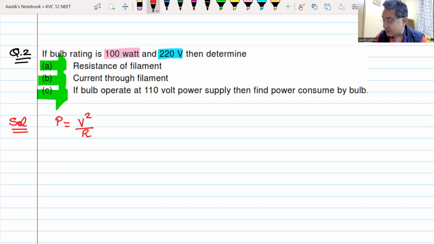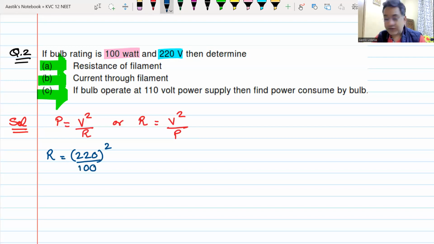V square by R. Or I can write this formula as resistance of this bulb will be equal to V square divided by P. So the resistance of this bulb becomes 220 square divided by power, which is 100 watt.